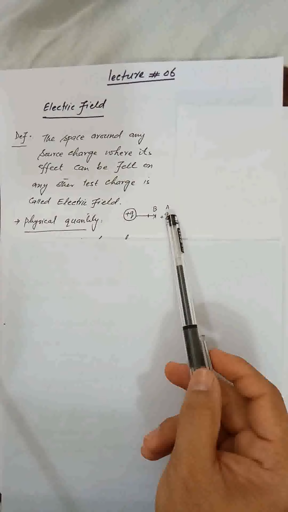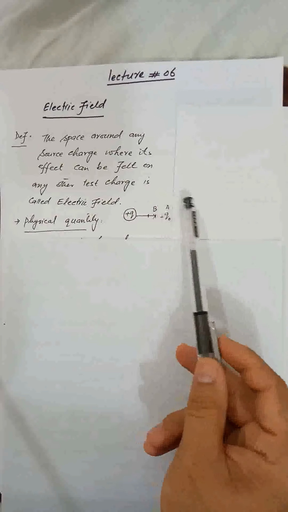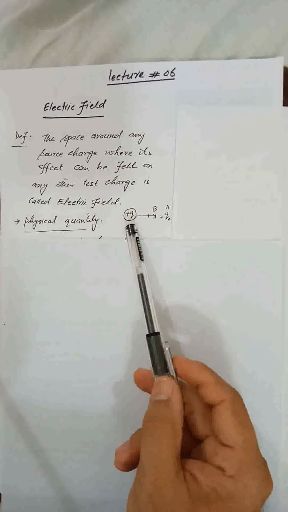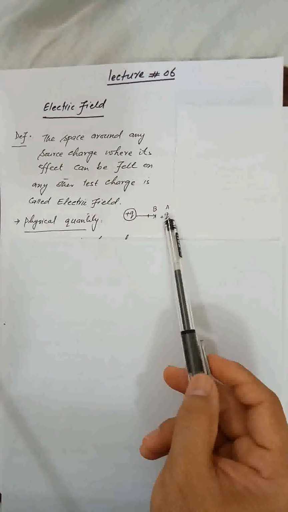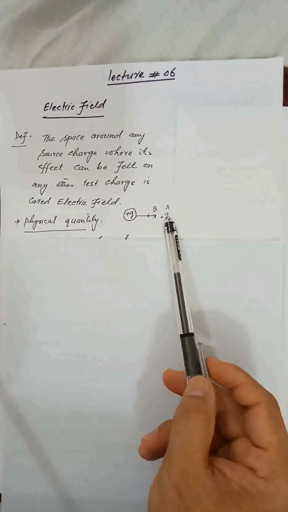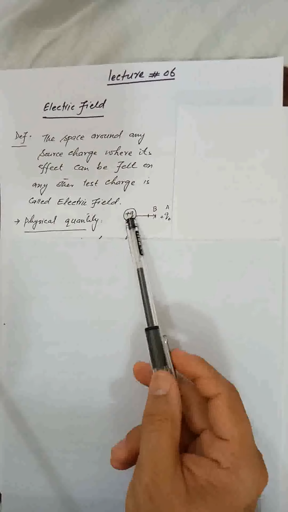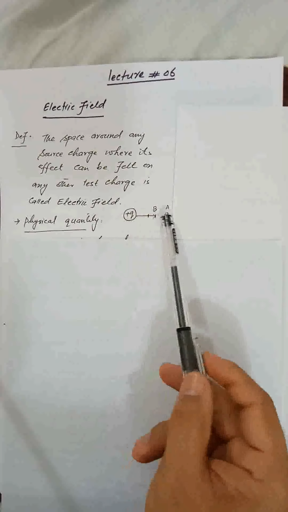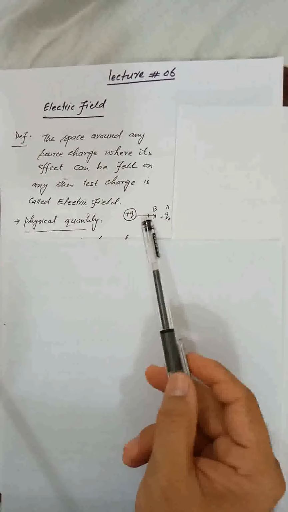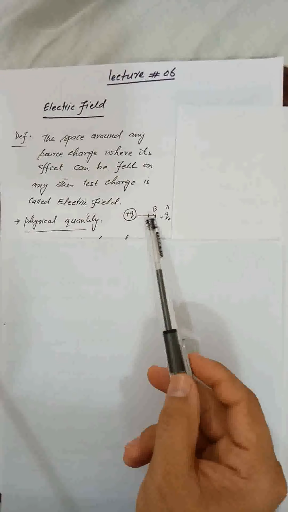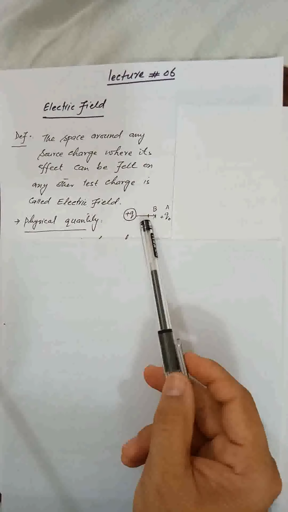Both the charges will create electric field around them like this. But the field of the test charge is weaker because of its smaller magnitude, and the field of the source charge is stronger because of its larger magnitude. So when these two fields interact, both of them will apply force on each other according to Coulomb's law.